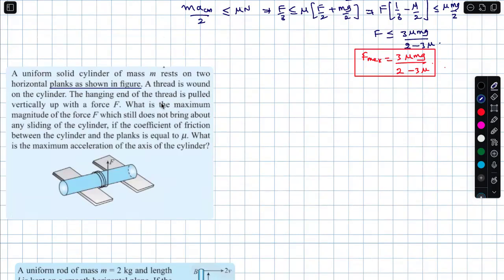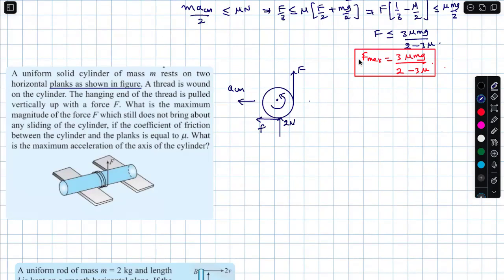The hanging end of the thread is pulled vertically up by force F. Try to understand: again you will have the same situation, 2N, and therefore friction in this direction, and again ACM in this direction. Even now I am not seeing any difference. Same question there as well as here.